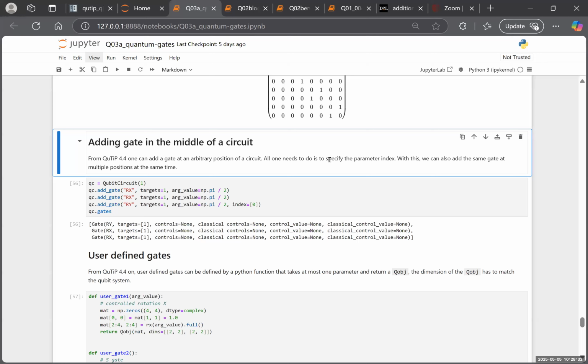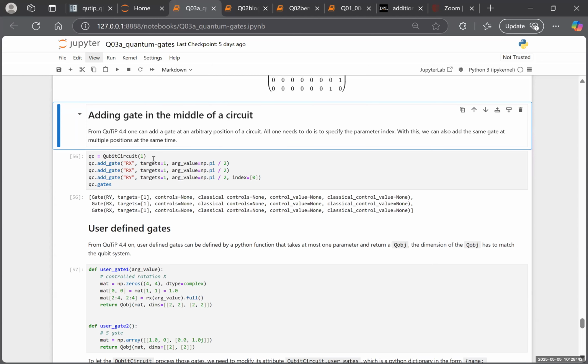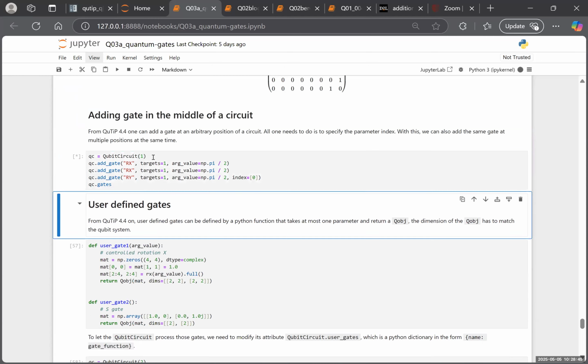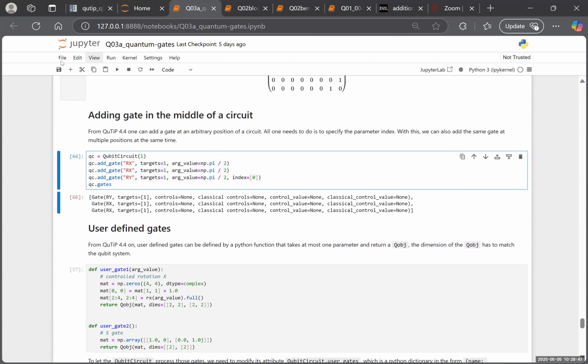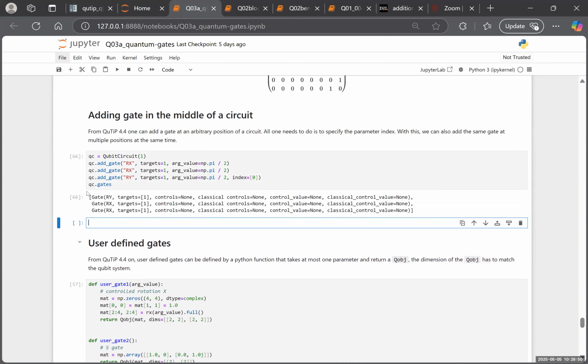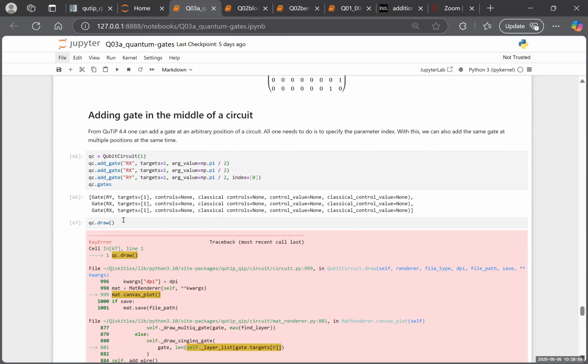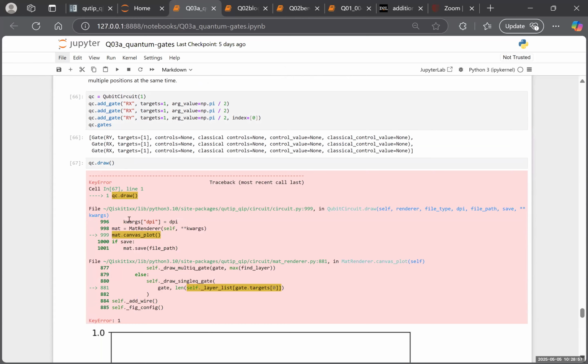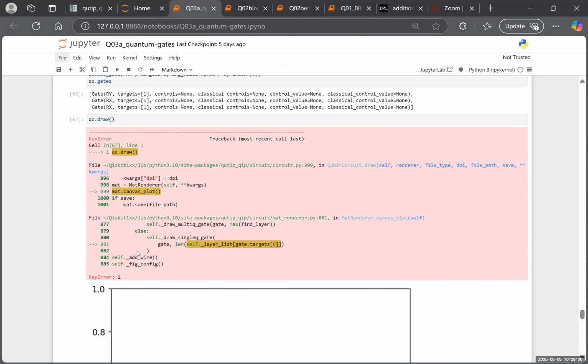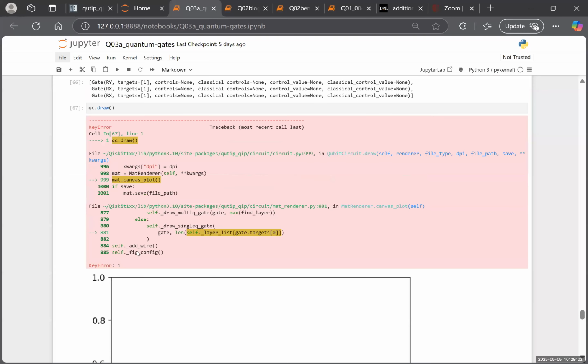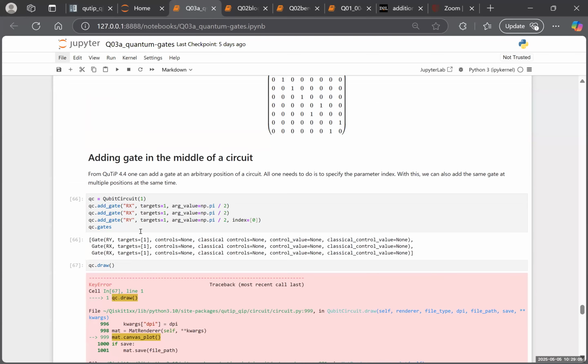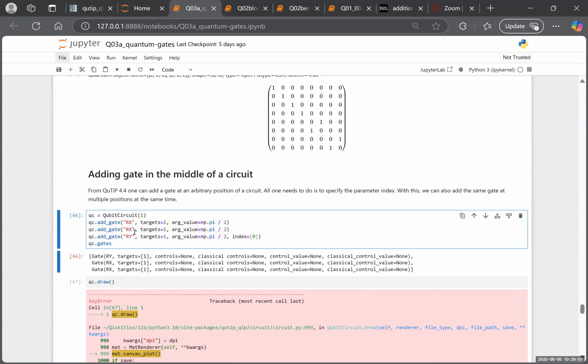All one needs to do is specify the parameter index. With this we can add the same gate at multiple positions at the same time. So you have this circuit. It's useful to draw this. What is wrong with this?